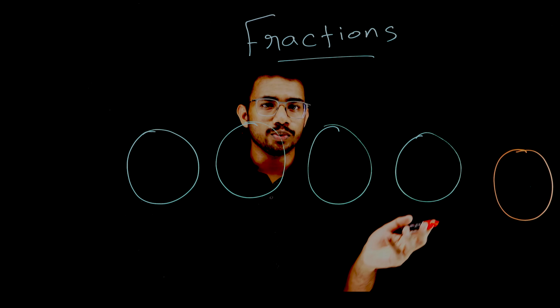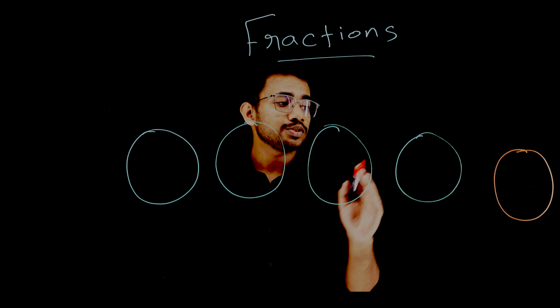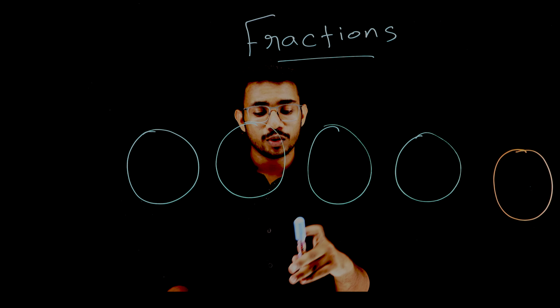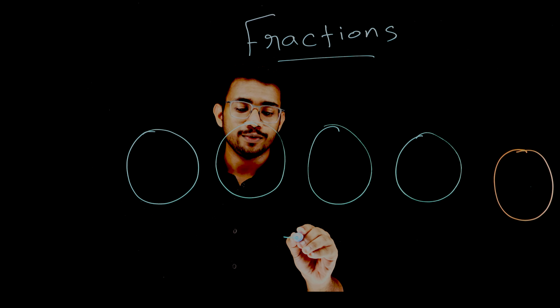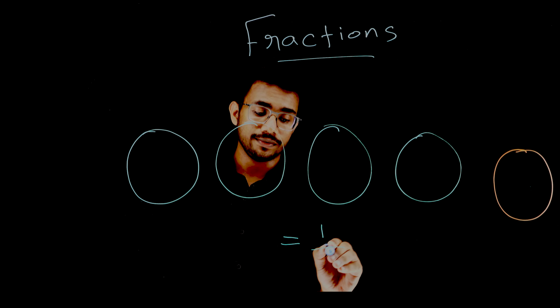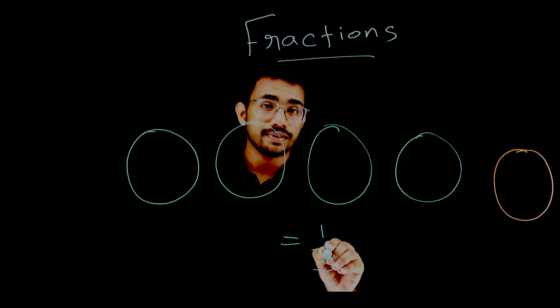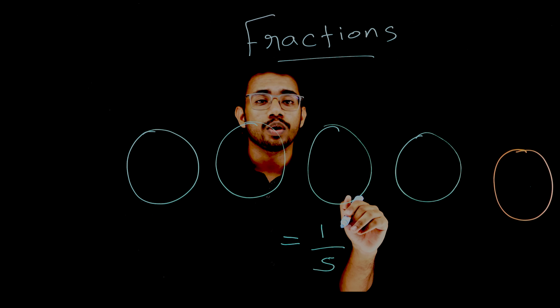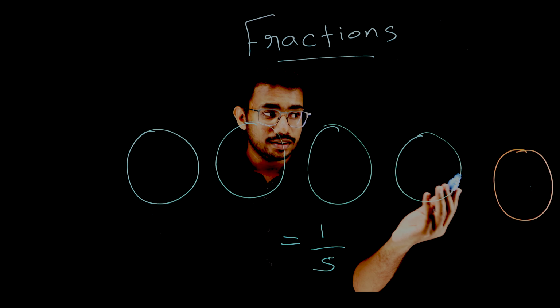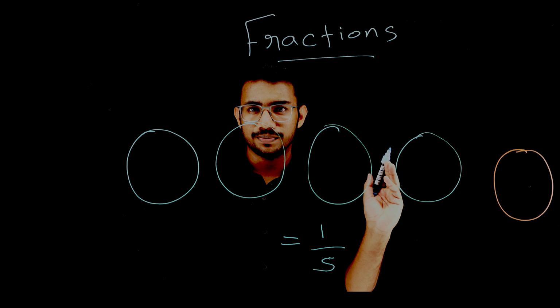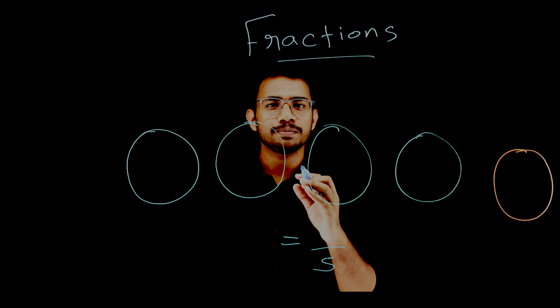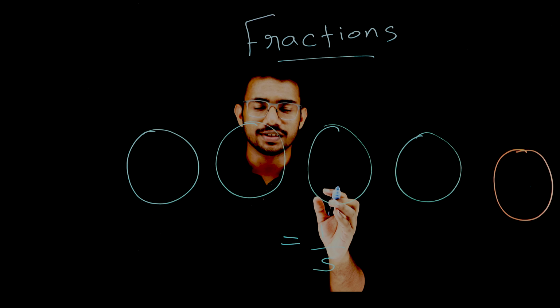All the other 4 are blue here. Now, if I ask you the portion of red balls I'm having here, it would be nothing but what fraction? It would be 1 over 5. And here the 5 indicates the total number of balls I'm having, and the 1 indicates the number of red balls. So this is the idea of what fractions are. These are the basic concepts of what fractions are.